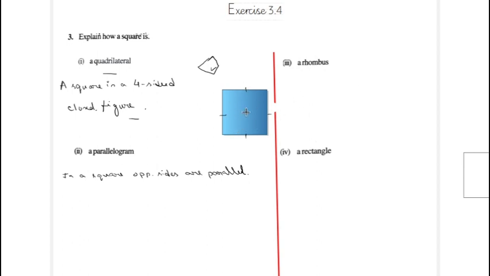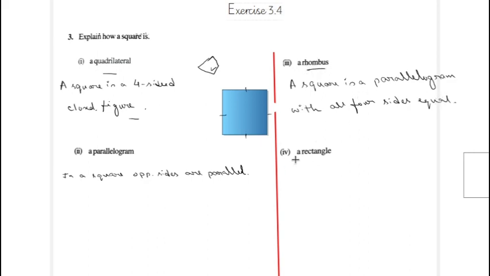Okay, and it is also a parallelogram, so here we will write a square is a parallelogram with all four sides equal, so that's why it is a rhombus as well.